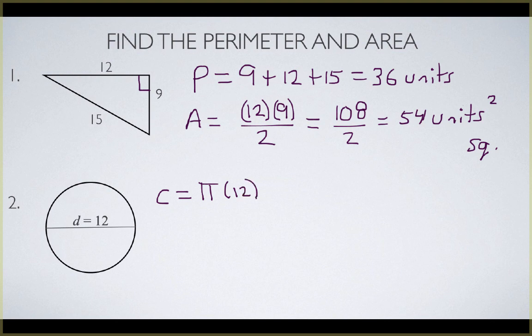For this, we're going to round to the nearest tenth, unless you're told otherwise. 12 times pi is 37.699. Rounded to the nearest tenth, that's 37.7 units.